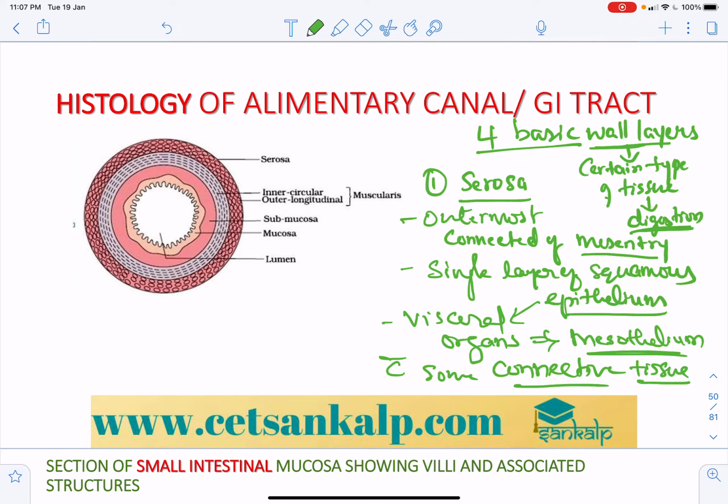Next to that, the second layer is called muscularis.